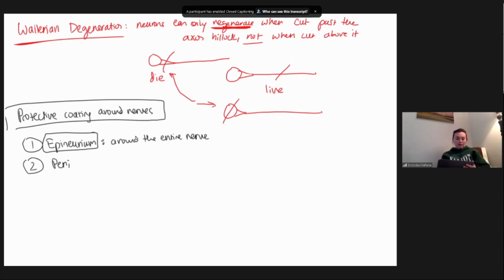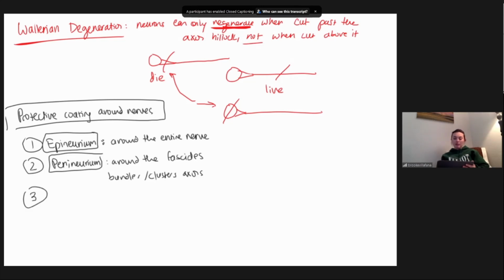Perineurium. The perineurium is around the fascicles. Okay, and these are little bundles or clusters of axons, a lot like our fascicles in the muscle.